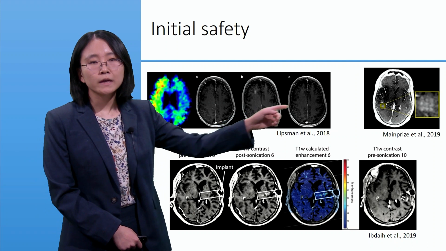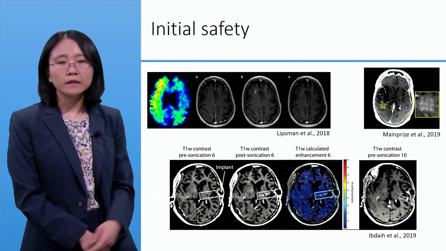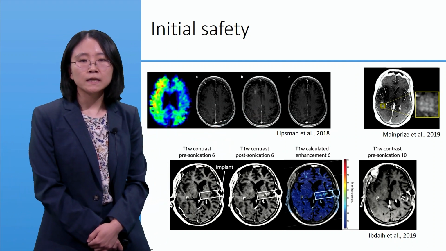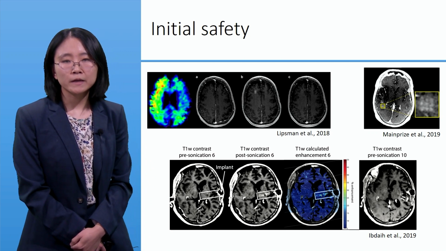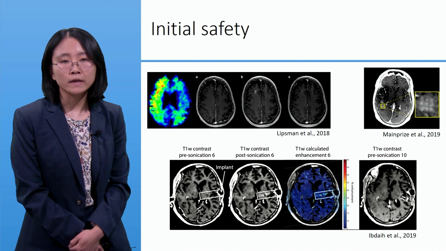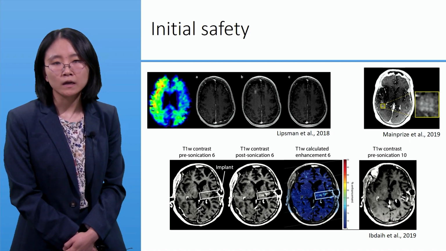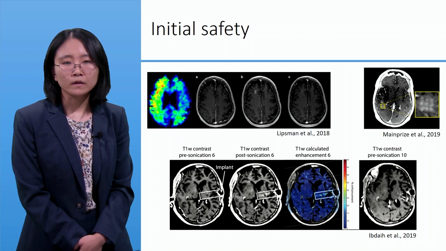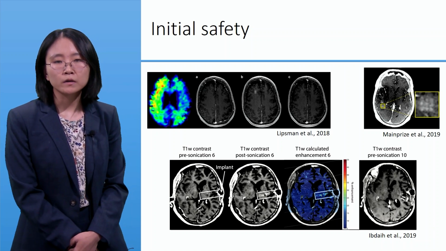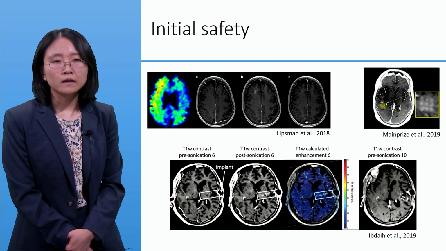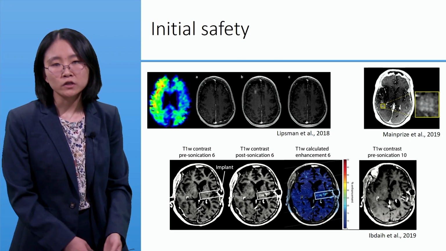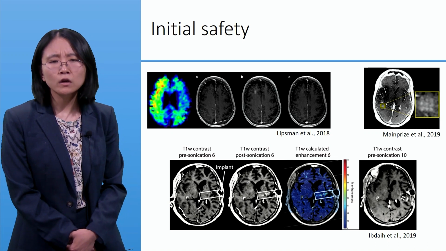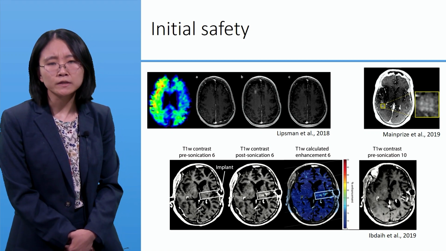On the right there, at the bottom, are studies that were done in oncology patients, and in these patients, their tissue property can be quite different than patients who have otherwise non-oncology disorders, and the differences may include the fact that they have vasogenic edema or hypervascularity due to the tumor itself.